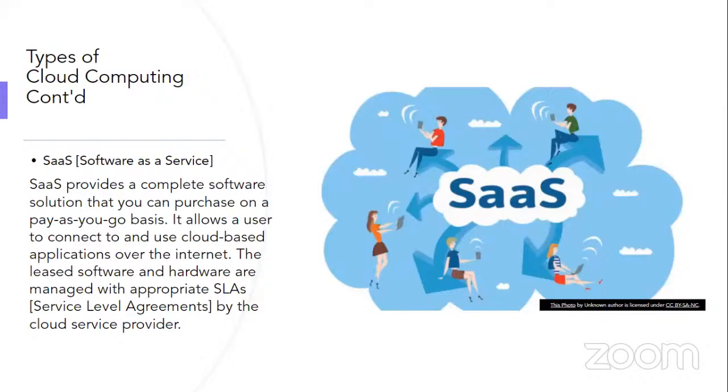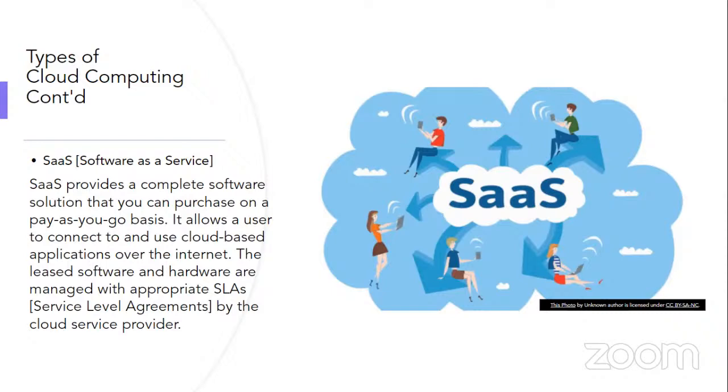software as a service provides a complete software solution that you can purchase on a pay-as-you-go basis. It allows a user to connect to and use cloud-based applications over the internet.